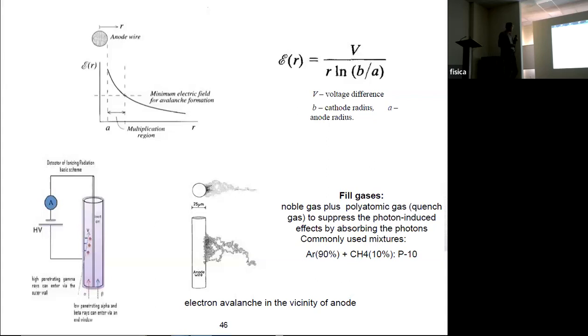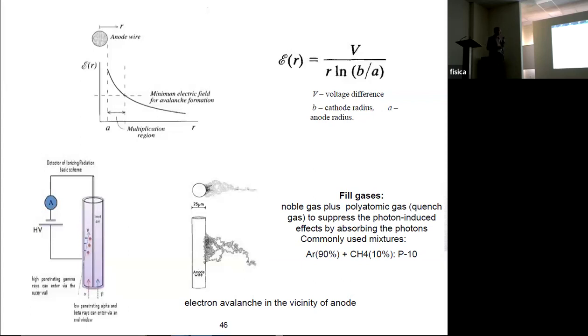And also, noble gases are used for these detectors, mostly for ionization chambers or photon counters. Noble gases such as xenon or argon, but the most common is argon because it's much cheaper.